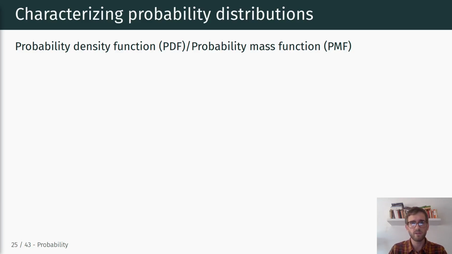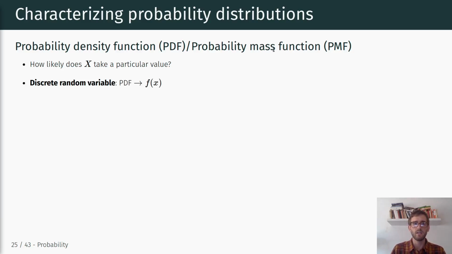Continuous random variables have what is called a probability density function, and discrete random variables have what is called a probability mass function. And I'm going to explain in a second what this difference ultimately means, right? Essentially, both the probability density function and the probability mass function describe how likely it is that x, some random variable, takes a particular value, okay?